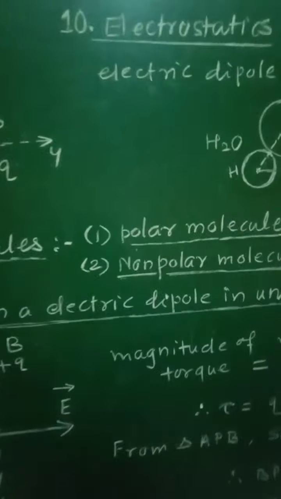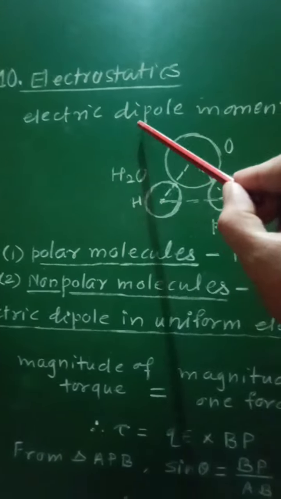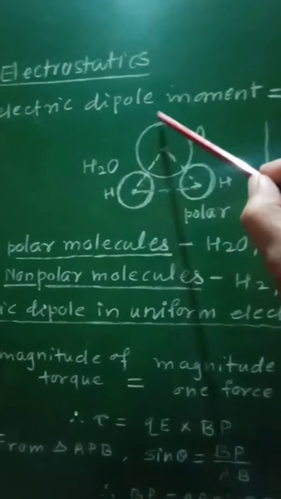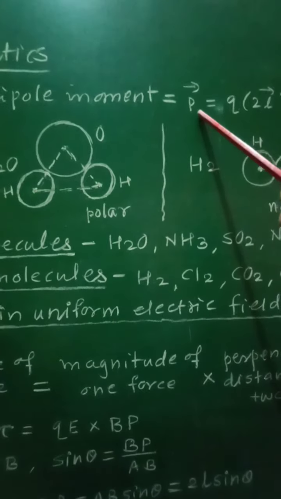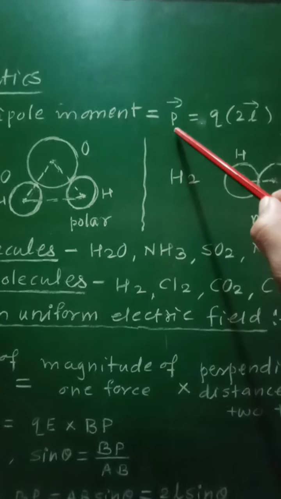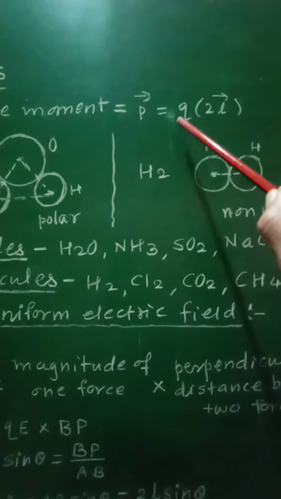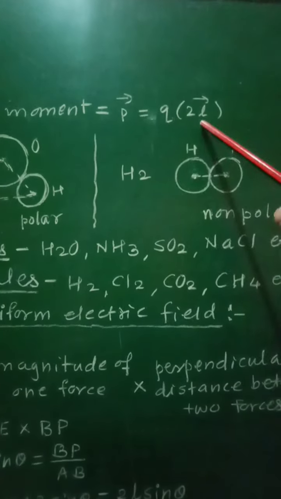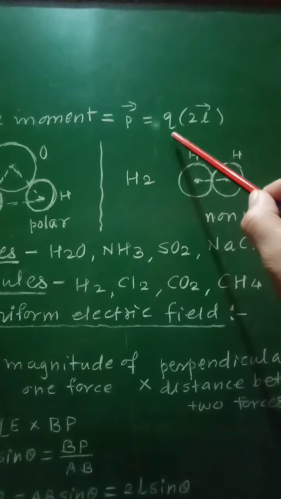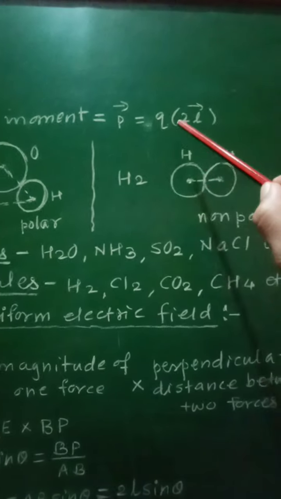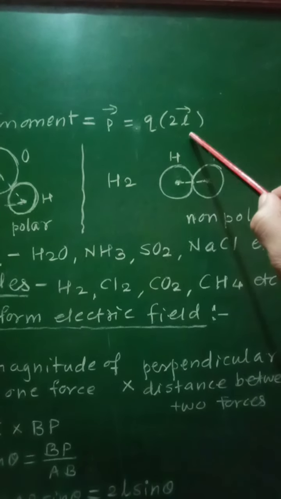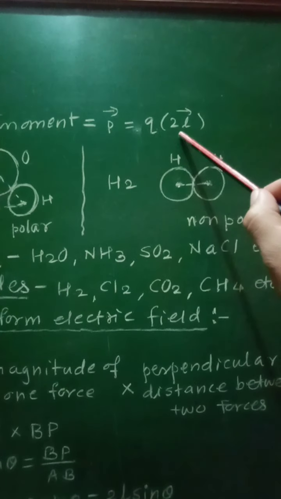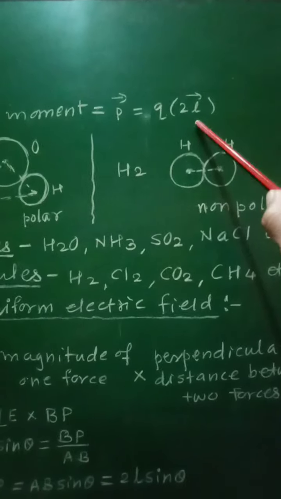And therefore, the formula for electric dipole moment will be: electric dipole moment equals vector p, because it is a vector quantity directed from negative charge to positive charge, equal to the product of the magnitude of one of the charges, that is q, into the distance of separation between the two charges, that is the length of the electric dipole 2l.